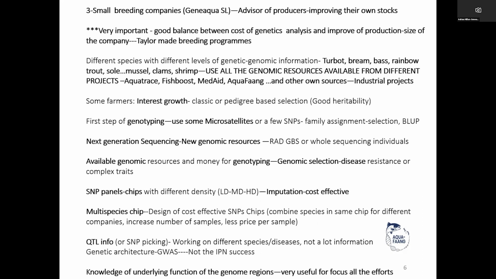That is very linked to the size of the company. Because if you pay more than 100,000 euros for genetics, but you are only producing 1 ton of fish, probably it is not a good balance. And when the companies have a big production, they can afford the cost of genetics.